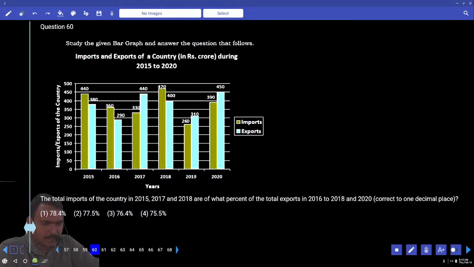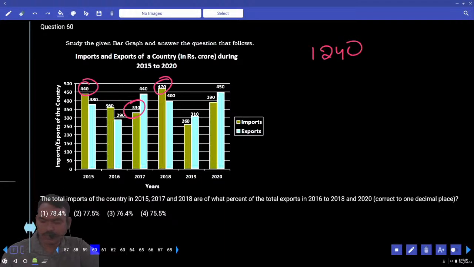Next question number 60. The total imports of the country in 2015, 2017 and 2018 are what percentage of the total exports in 2016, 2018 and 2020? What are the imports in 2015? 440. 2017, 330. 2018, 470. 470 plus 330 is 800. 800 plus 440 is 1240, right?